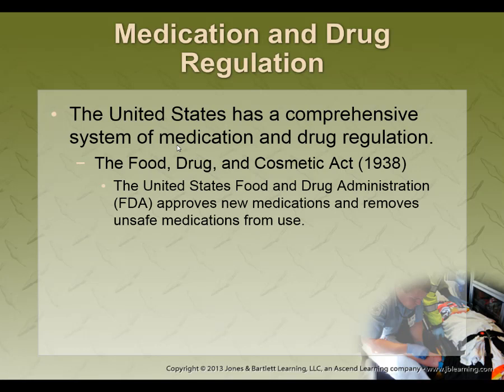Vioxx is an anti-inflammatory, but that particular medication increased your risk of heart attack. So Celebrex is still sold in a very low dose, but Vioxx is no longer sold because it can cause heart attack.